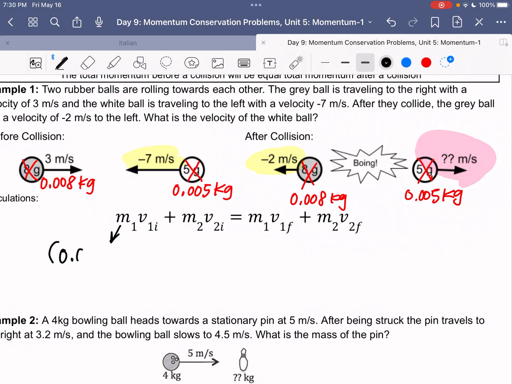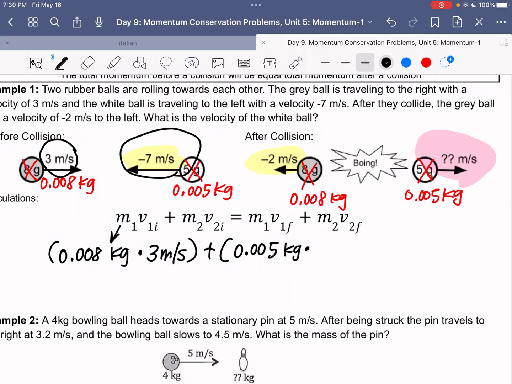So 0.008 kilograms times the velocity 1 initially, which is 3 meters per second, plus the second mass, which is 0.005, times the second object's initial velocity, which is times -7 meters per second.